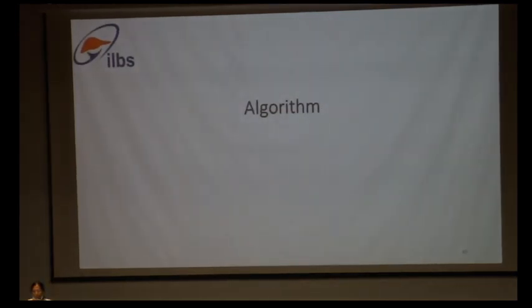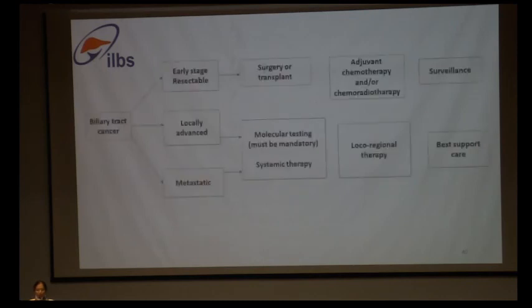Putting together all these points and data we have discussed, this is a basic algorithm for our patients with biliary tract cancer. The initial workup should be done very carefully, and the main point to be decided is whether they are eligible for surgery or transplant.